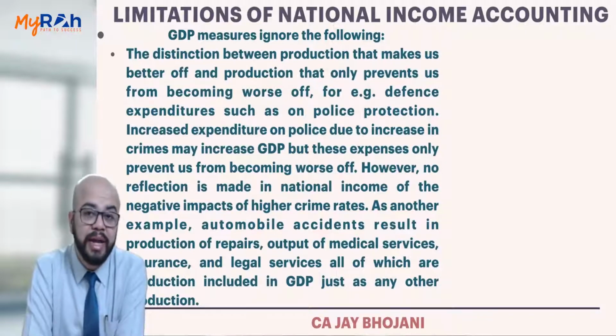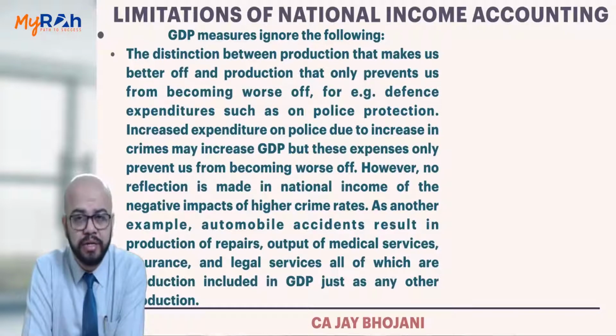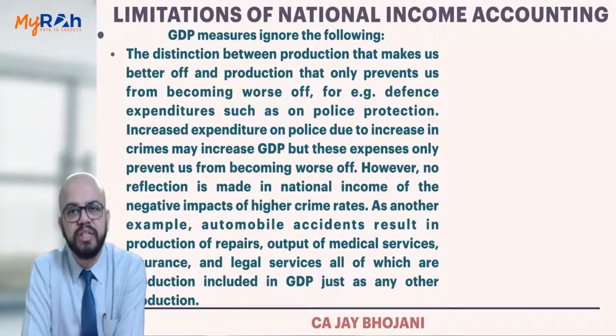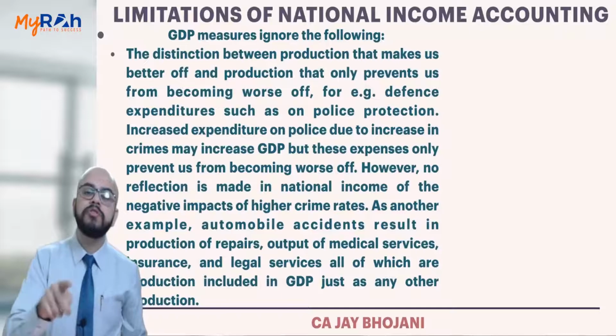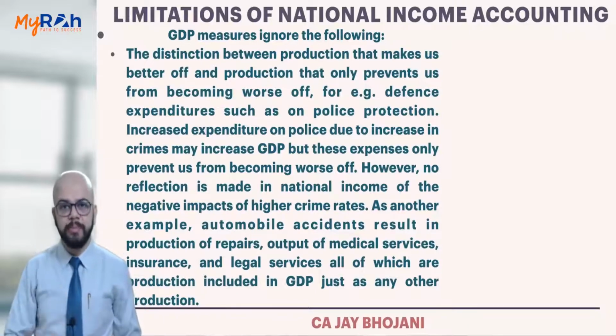But since additional police force were hired, the expenditure the government made on those police activities increased. So therefore GDP will also increase. Okay, GDP increased. The increase in GDP was because of what? The increase in crime rate.